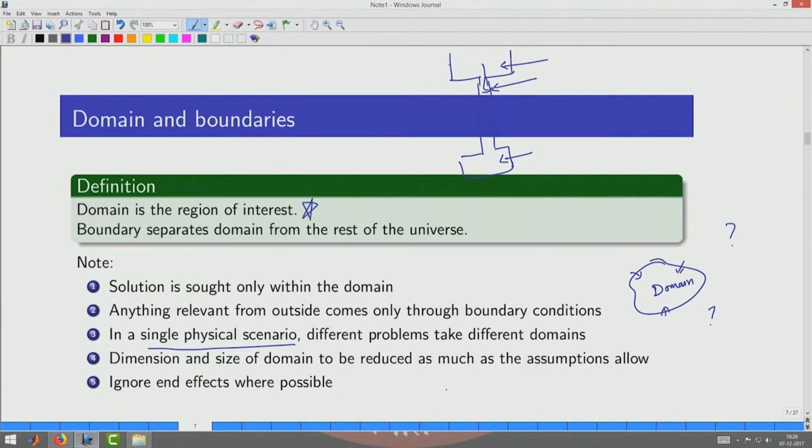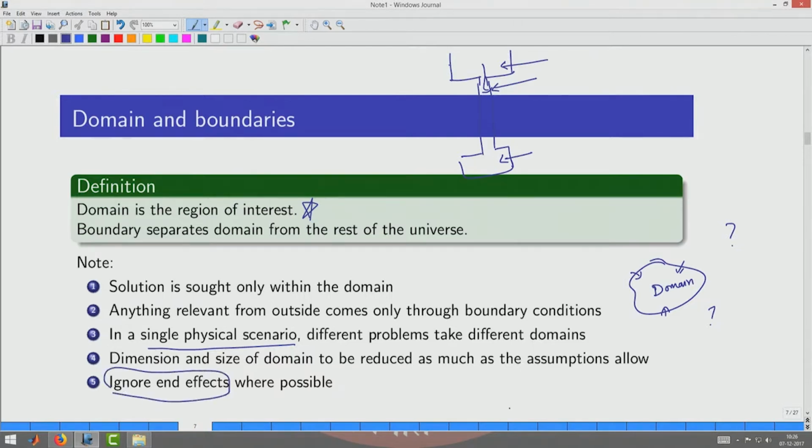So, you could have the same problem, but look at different domains in different situations, and that actually changes the problem also. So, often we have to ask which part of this problem is of interest for me, and that would be the domain that we will take, and then the rest of the details will all be merged in the boundary conditions.